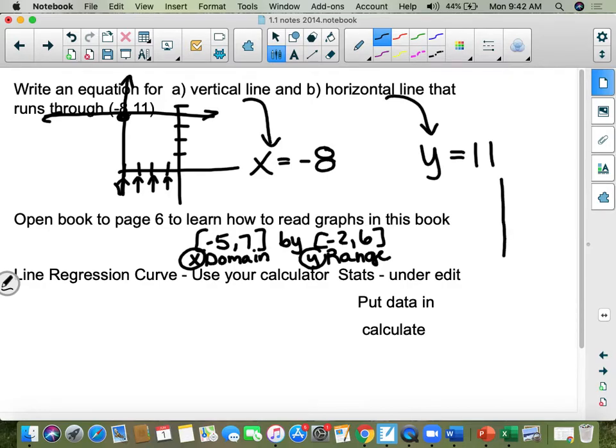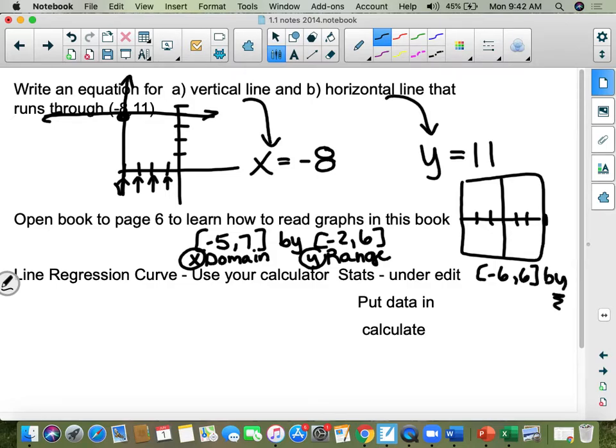Sometimes it'll give you 1, 2, and then the third box will look like this, and then it'll go 1, 2, and then there'll be that. It'll say you're going from a -6 to a +6 by, and so on. Well, if you're going from a -6 to a +6 for your x values, you know that you're counting by 2's. So you really have to watch how to read a graph in this book.